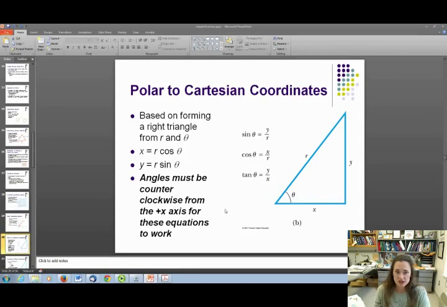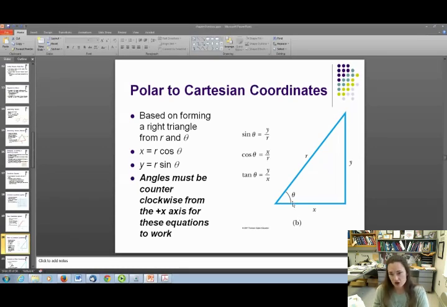It's easy enough to switch between polar and Cartesian coordinates. All you have to do is use a little bit of trigonometry. In your Cartesian coordinate system, you chose the coordinate system usually such that there was a right angle between your x and your y axes. So for any point, you're forming a right triangle, where the legs of the right triangle are your x and y axes, and r is the hypotenuse of the triangle that connects the origin to the point in question.